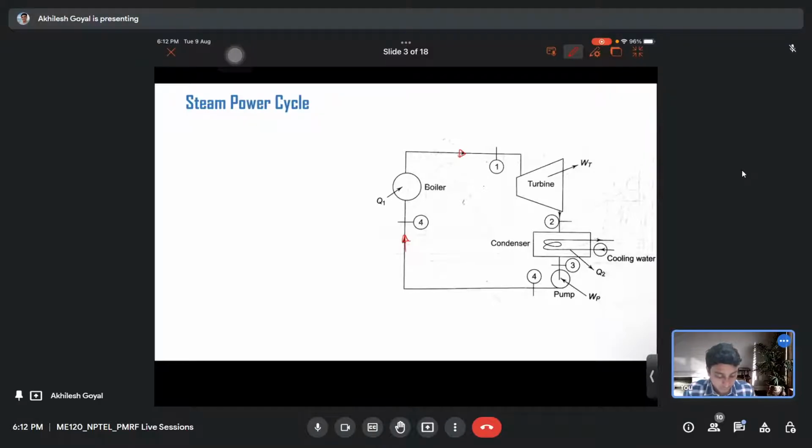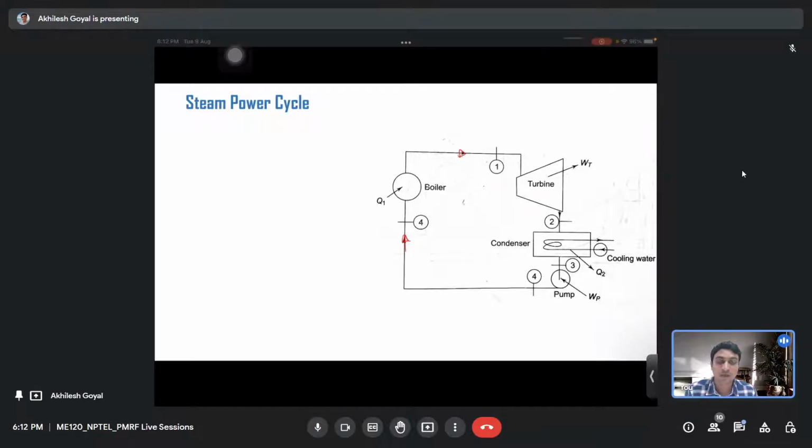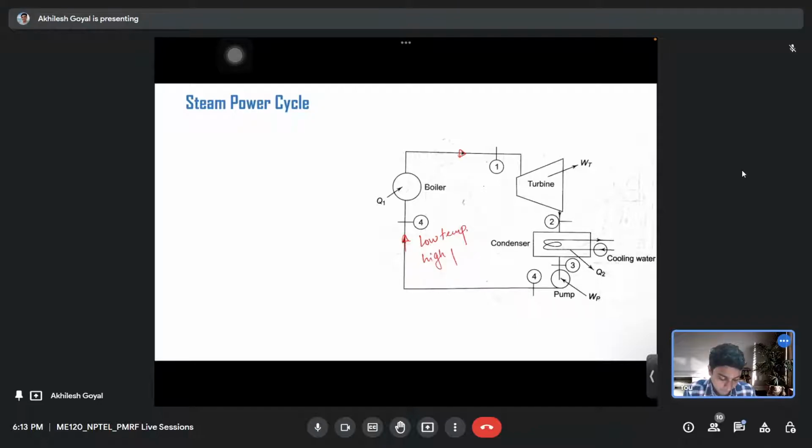When we feed water to the boiler, it is at low temperature and high pressure. Okay, so when it goes through the boiler, it receives heat Q1 and it becomes high temperature and high pressure water steam.